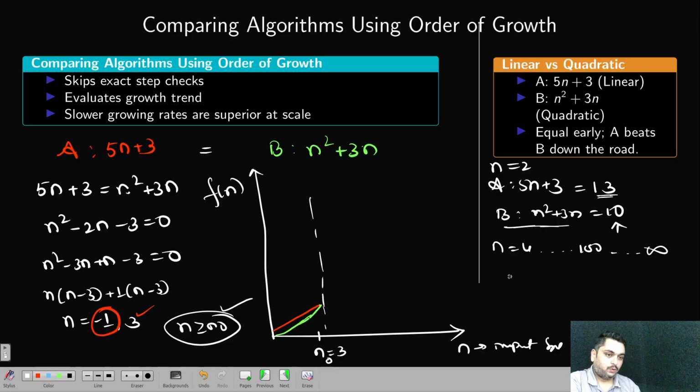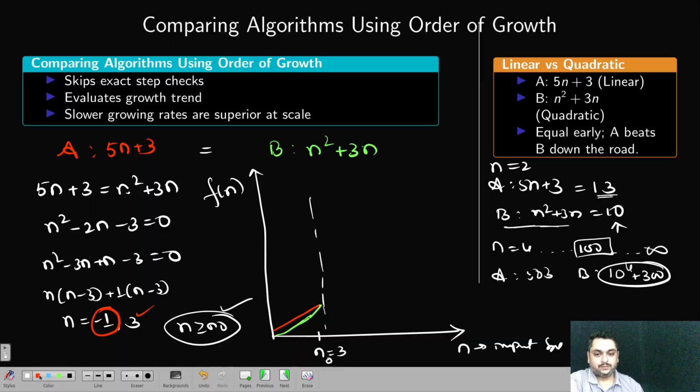So now what will happen? If I take n equal to 100 for A, it will be 5n, 5 into 100 plus 3, 503. B will be 100 square, which is 10 power 4, plus 300. So definitely B is now growing faster.